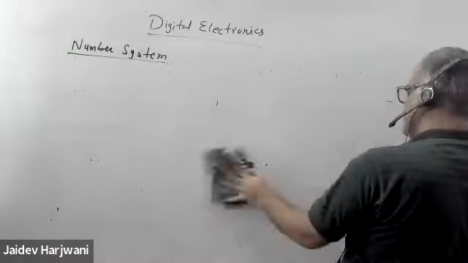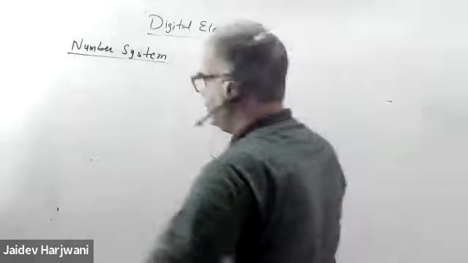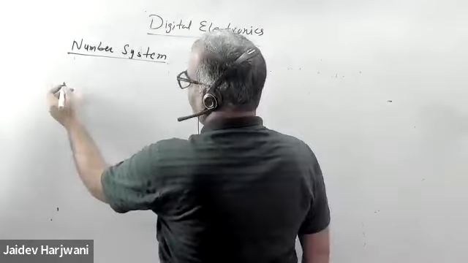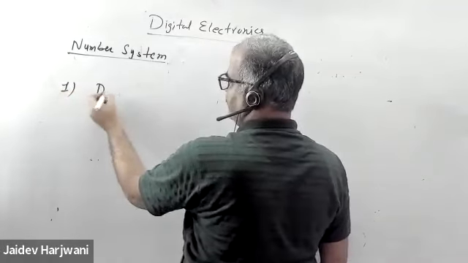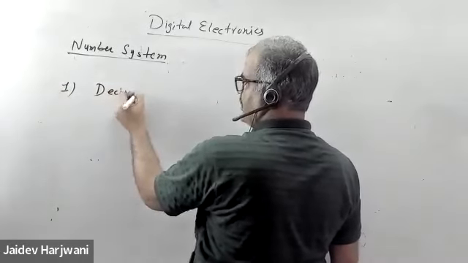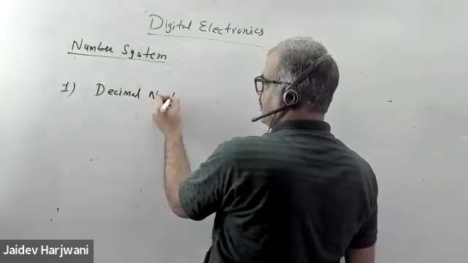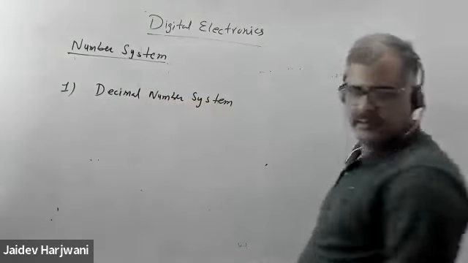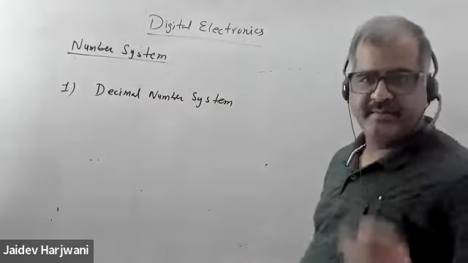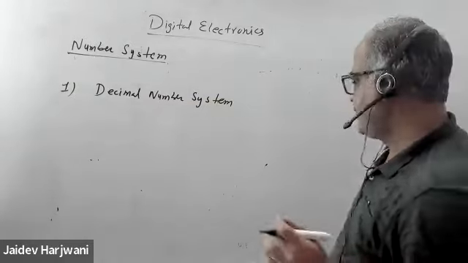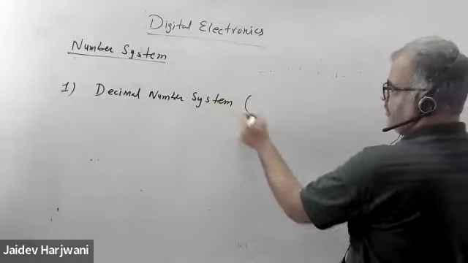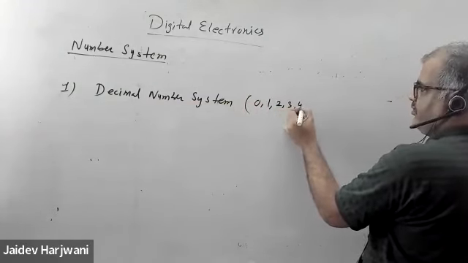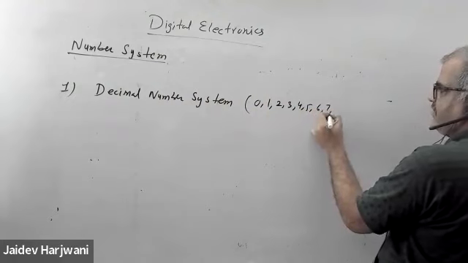So in this course, basically we will discuss 4 types of number systems. One is the decimal number system. In the decimal number system we have 10 symbols, or 10 digits: 0, 1, 2, 3, 4, 5, 6, 7, 8, 9.